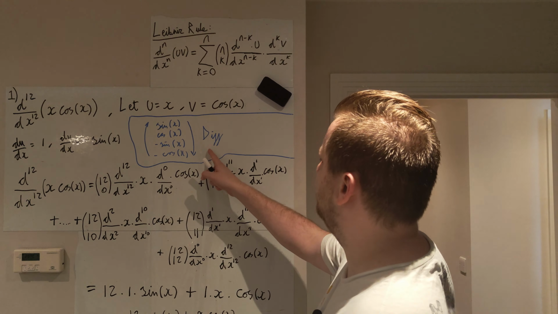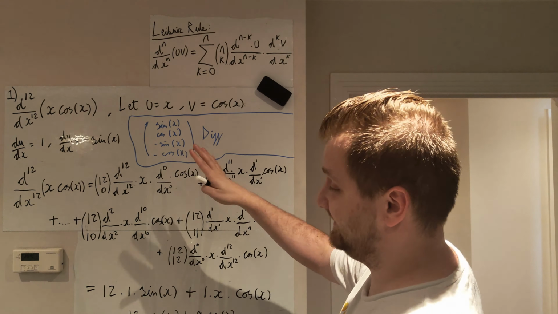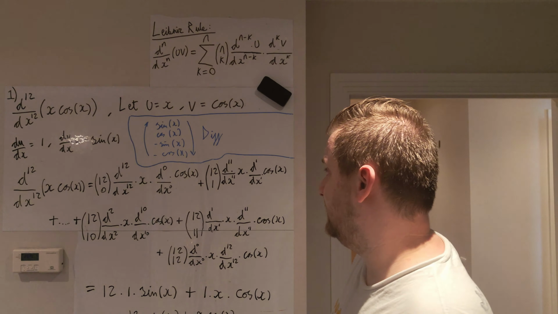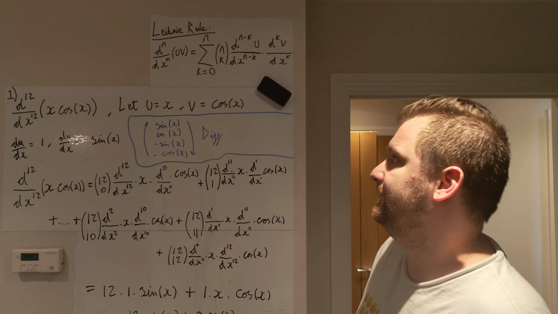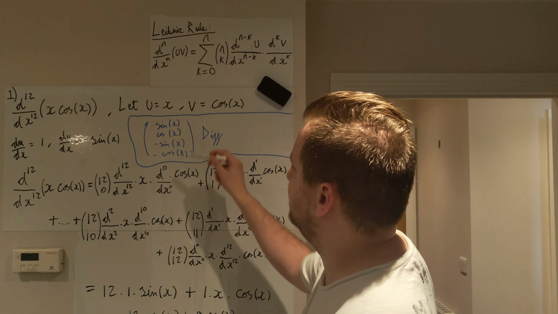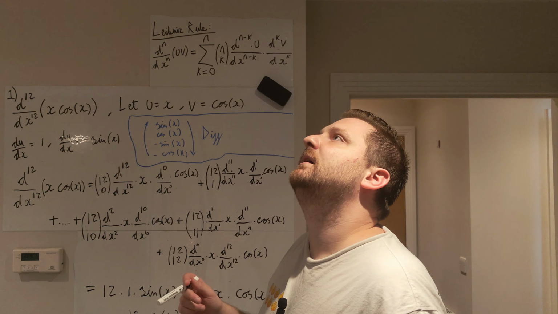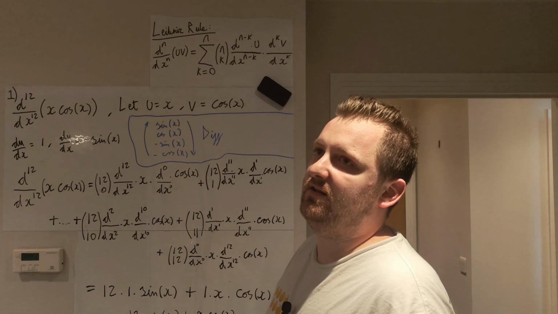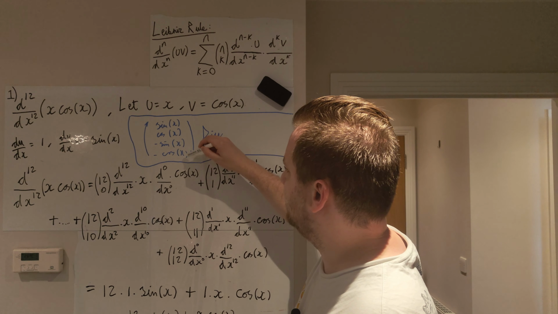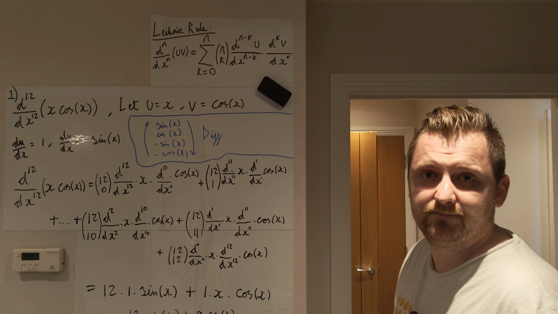I remember I came up with drawing it like that at A level, but I'm sure someone else has drawn it like that before. It's cyclical. If you differentiate sine of x, it's cos of x. Let's say we wanted to differentiate 5 times. We start here, 1, 2, 3, 4, 5. You just keep going forever.